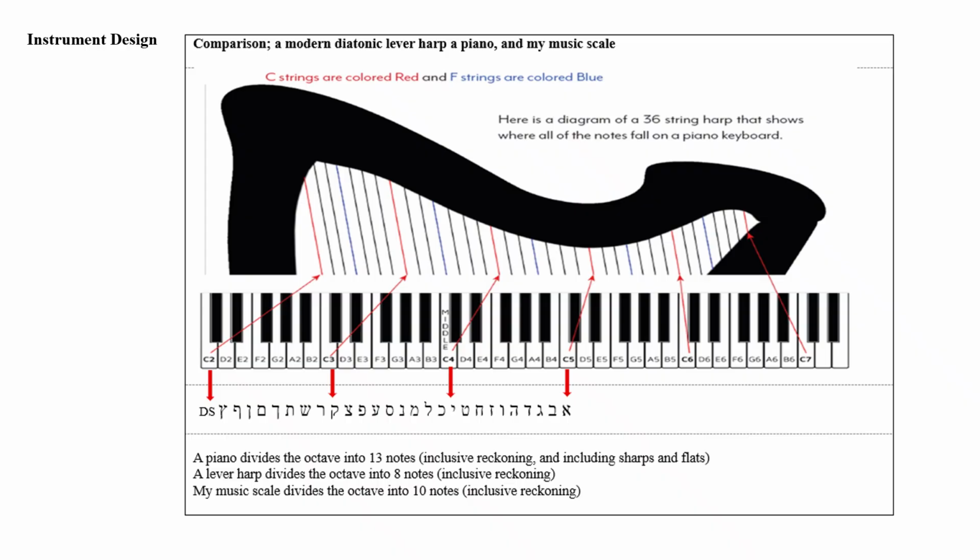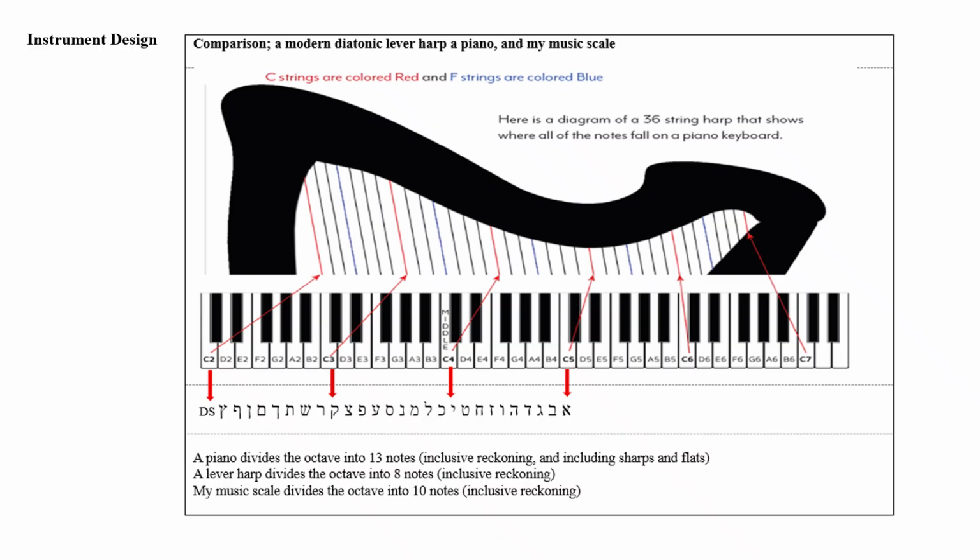The diagram illustrates the strings on a modern lever harp in relation to the keys on a piano. Modern lever harps are diatonic, that is, the strings correspond to the white keys of a piano. Below the diagram, I have illustrated my music scale, Aleph to Tav, plus the final form letters, and the design string.